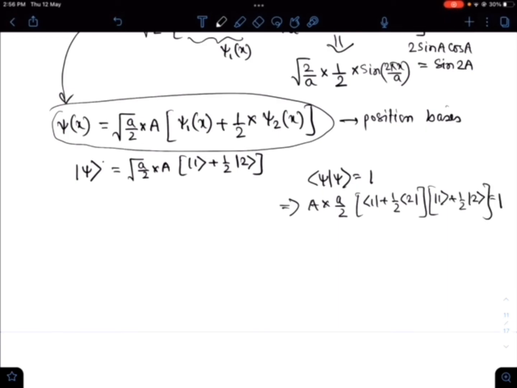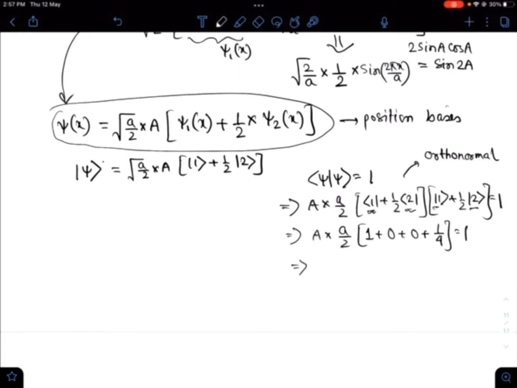Now since |1> and |2> are energy eigenstates, that means they are orthonormal. This you have to keep in mind always. So from here this term will be 1, and <1|2> will be 0. Similarly this term will be 0, and here will be another term.